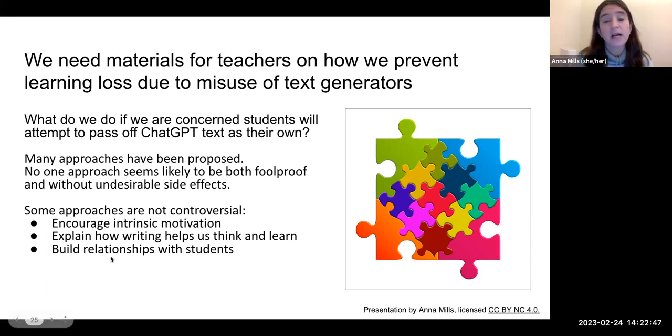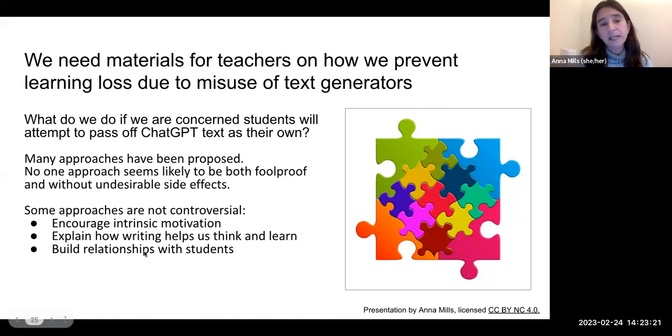The top ones that are not controversial include encouraging intrinsic motivation, helping students understand and feel engaged and connected with the assignment, and talking about writing as a tool for thinking, as a process that helps us form our own ideas and opinions and find our own voice, helps us learn content, that it's about the process, it's not about the product.